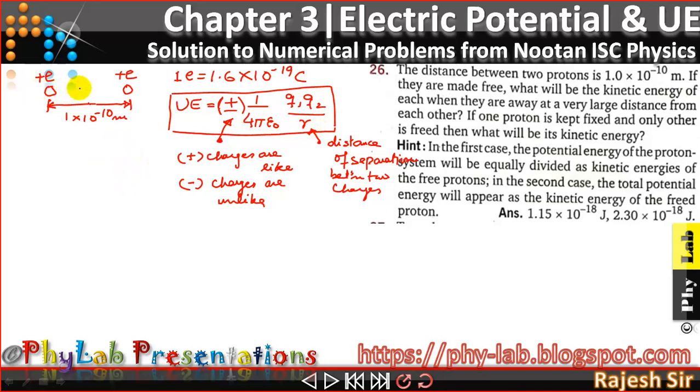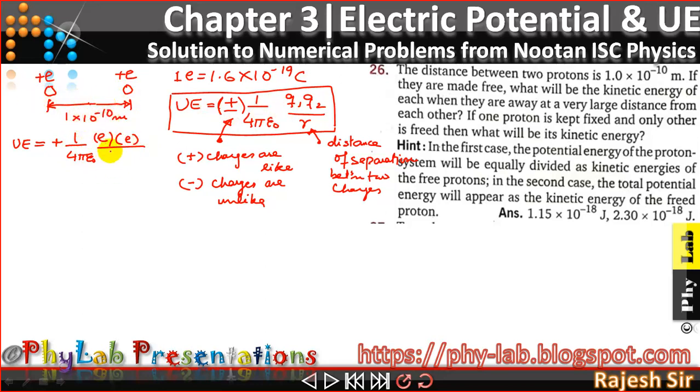Now here, friends, I have two protons. So what will be the electrostatic potential energy between them? Since they are like charges, the electrostatic potential energy between them will be positive, 1/(4πε₀). Now what is Q1? Q1 is e. What is Q2? Q2 is e. And what is the distance of separation between them?